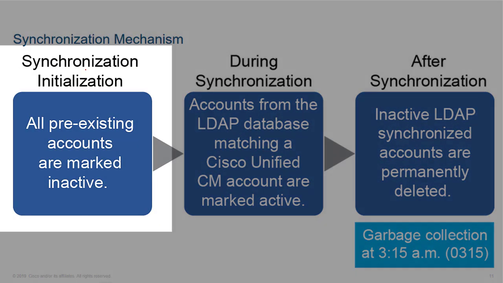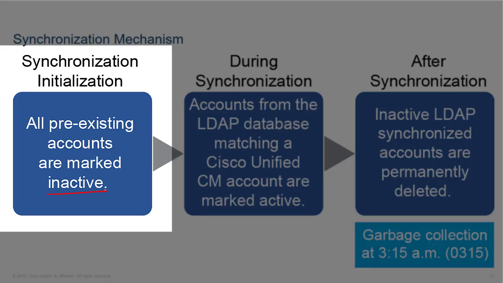Now, the mechanism that we're looking at with how the whole process starts. So the synchronization initialization is all the pre-existing accounts get marked as inactive. This is an important thing to bear in mind, because if at some point you already created a bunch of accounts in UCM, these accounts, in theory, should not be needed after you've turned on the LDAP synchronization, right? That's the theory behind this premise.